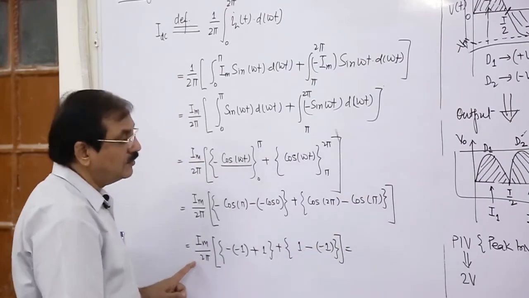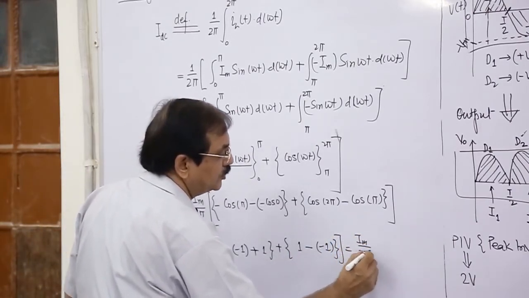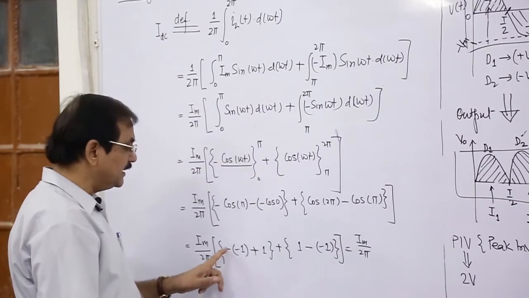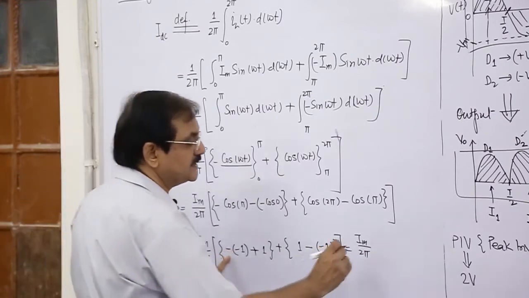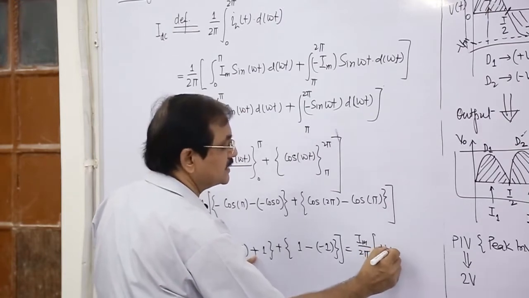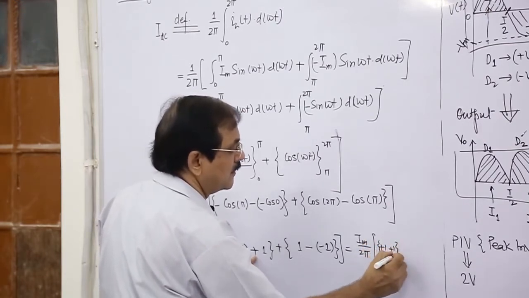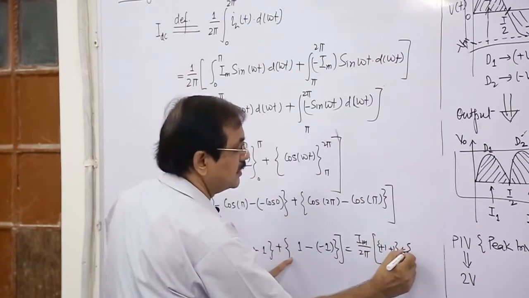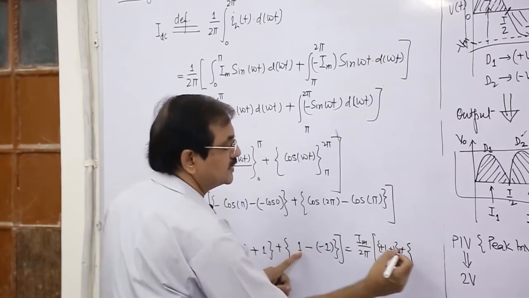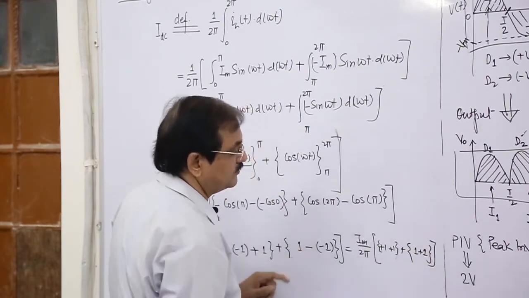So, what value do we have? Im by 2 pi, and minus and minus means plus, and here it is plus, and again plus. So, 1 plus 1, 1 plus 1.